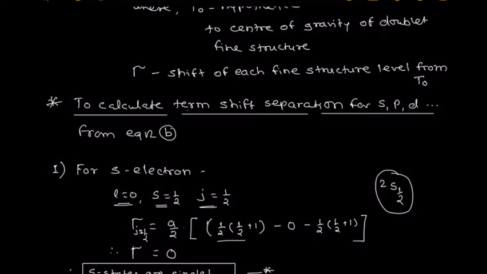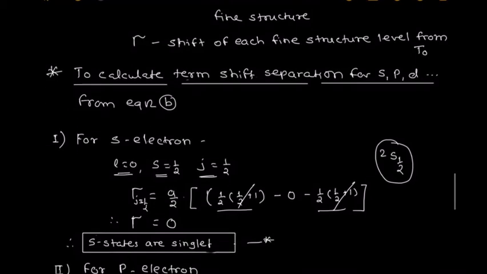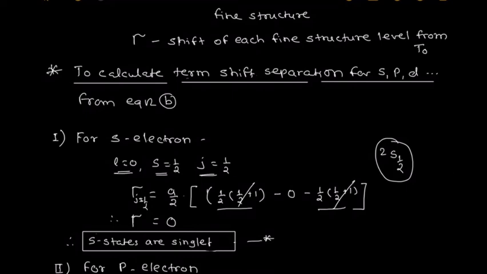This first bracket and the last bracket get cancelled. Therefore, the bracketed term is 0, and for tau, for J equal to half, that is 0. Hence, S states are singlet. That singlet state is written as doublet S half.